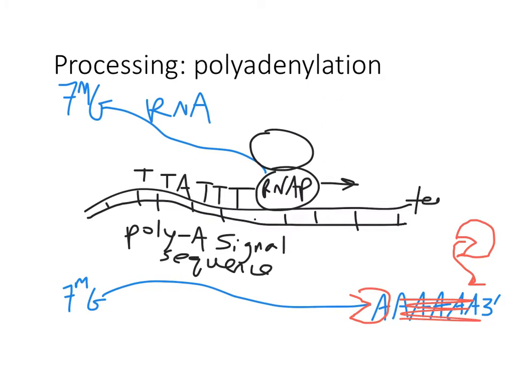So if the top strand is the strand that RNA polymerase is reading, that's the template strand, which means the bottom strand of DNA there is the coding strand. So what's the sequence present in the RNA molecule that's related to the poly A signal sequence, in RNA letters, RNA nucleotides? Is it the same as the template strand, or is it the complement of the template strand?